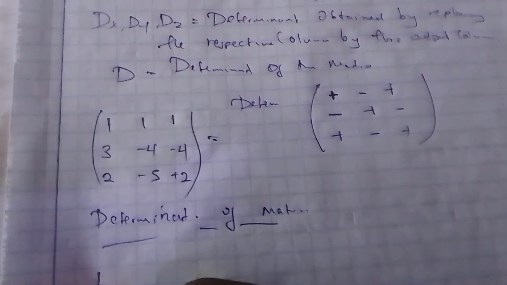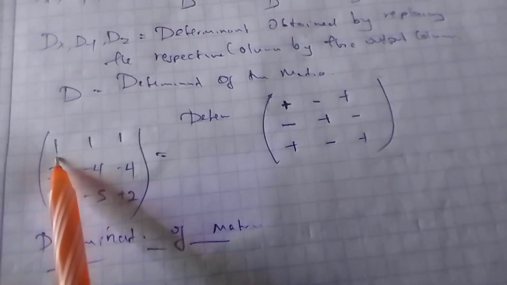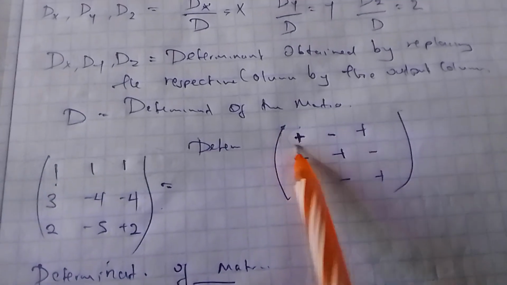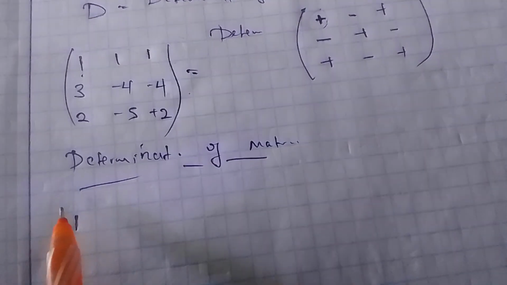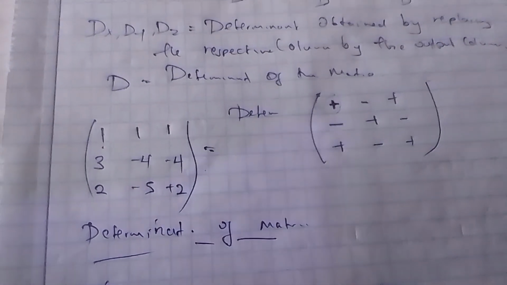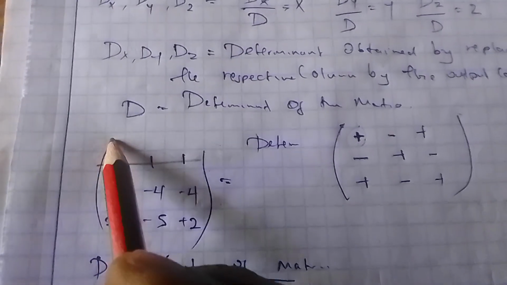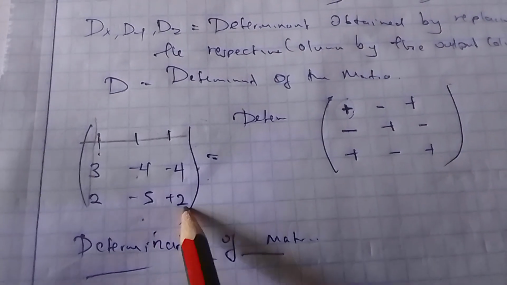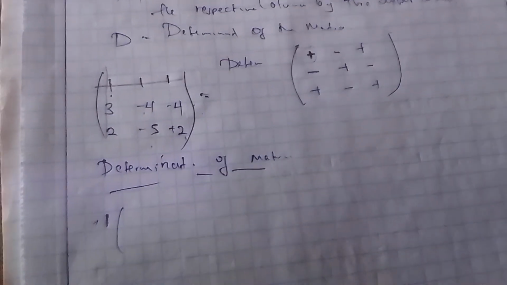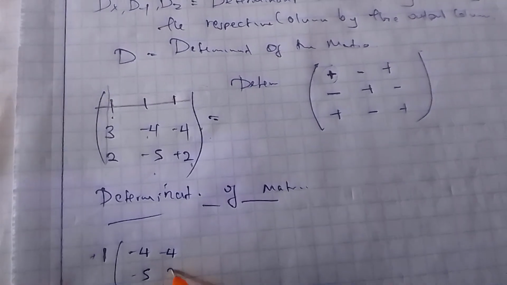I'll start with 1, and since here is 1, I'll multiply with the first sign, which is positive. Then I block my row and my column and I remain with -4, -4, -5, 2.